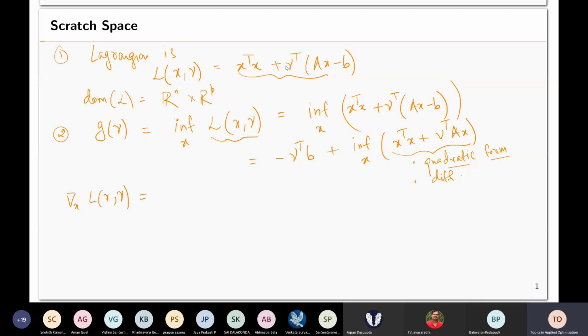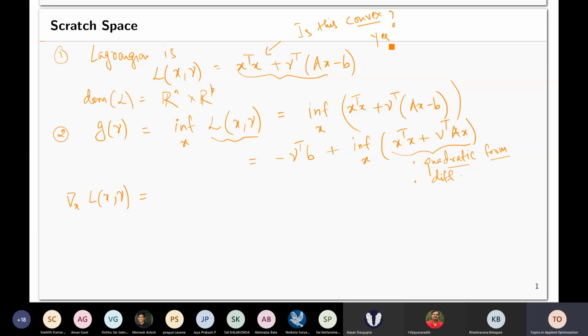Is this convex also, right? What was the condition for convexity? What do you think? It is the second derivative test, and it is convex because the second derivative will give us identity, right?